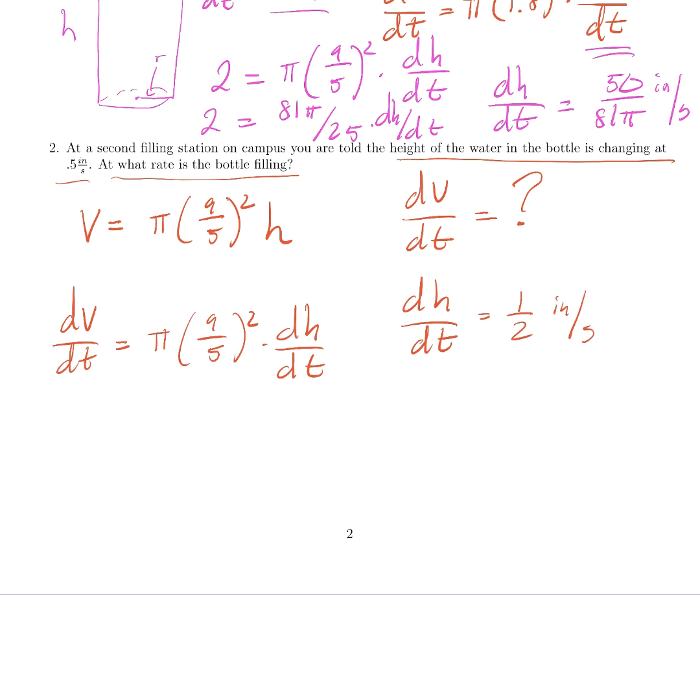But now instead of being given dV/dt, we've been given dh/dt. So dV/dt is pi times 81 over 25 times 1/2. Multiply that across and we get 81 pi over 50 this time. And now the rate of change of volume, well, volume is measured in cubic inches, and time here is measured in seconds.